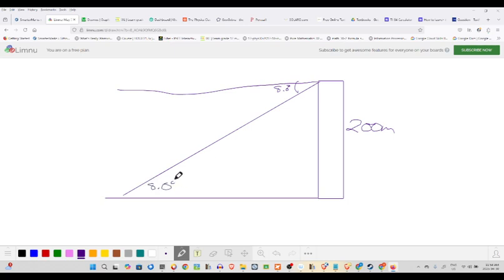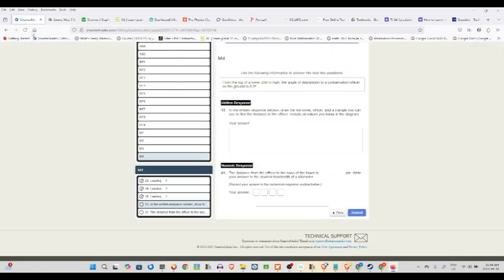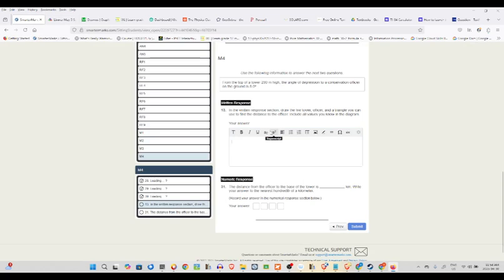This angle would also be 8.0 degrees. That's a right angle. We know our height is 200 meters. And this is our unknown. So really, this is a tan problem. This is all we need for the diagram. So our diagram is done. So that's on the whiteboard.